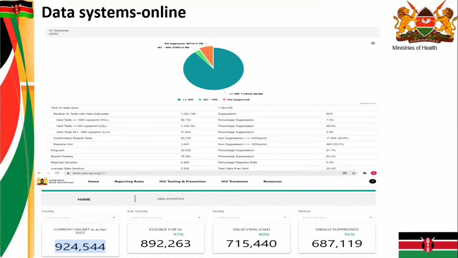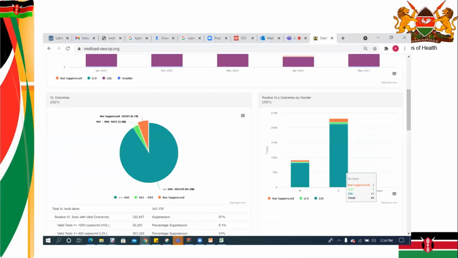The above two screens, one is from the viral load system, and the bottom screen is from the EMR, and both of them are giving us a viral load suppression of about 96%. It's good to know that this is not a one-to-one number comparison because we do not have all our sites operating on EMR. However, we have all our sites reporting to the viral load system.